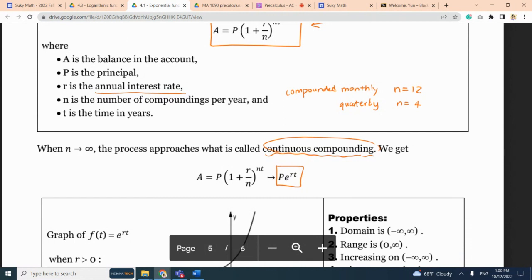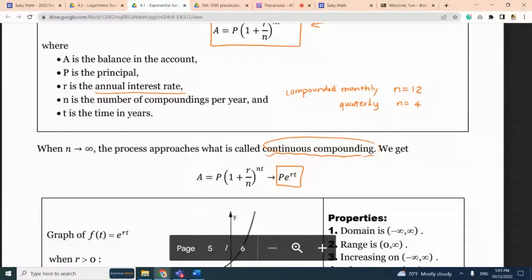x be N over R. Then now you see R over N is the reciprocal of N over R. Therefore, this is 1 over x. Yes, everybody? So that's why R over N, that is 1 over x.